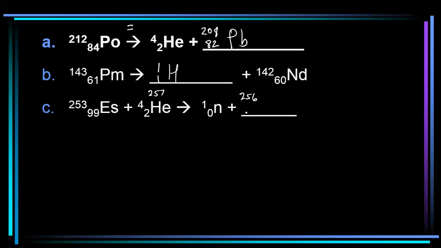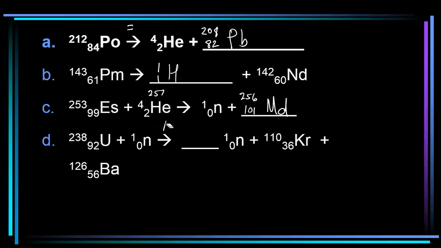Doesn't help you at all. 99 plus 2 is what? 0 plus what is 101? Does that help you identify what this thing is? What is it? 101. Mendelevium. Mendelevium.